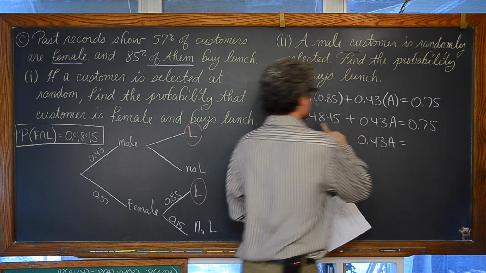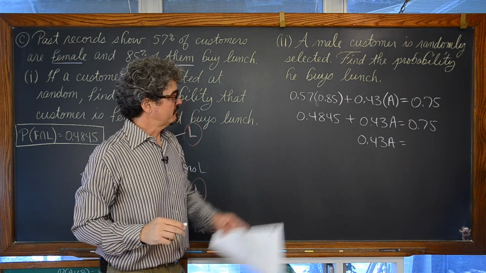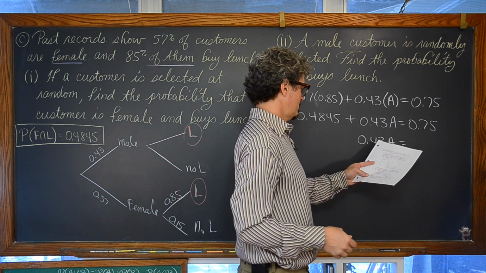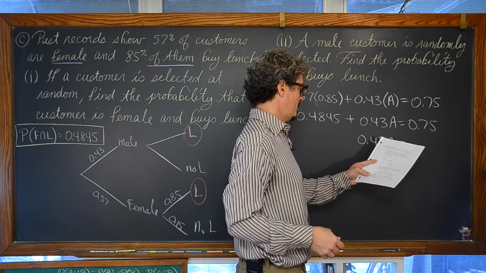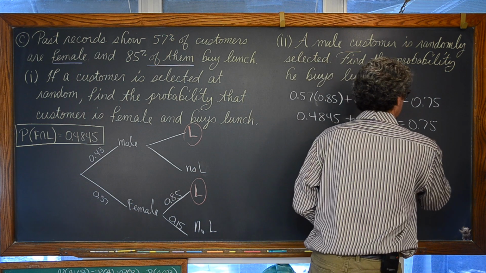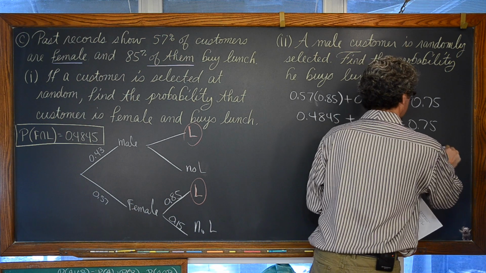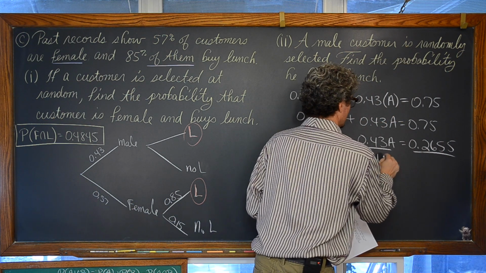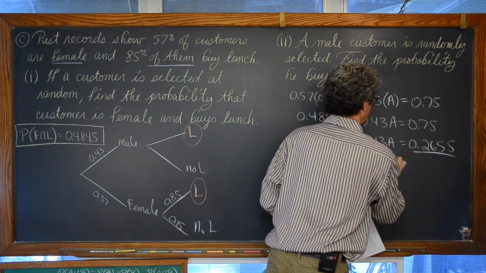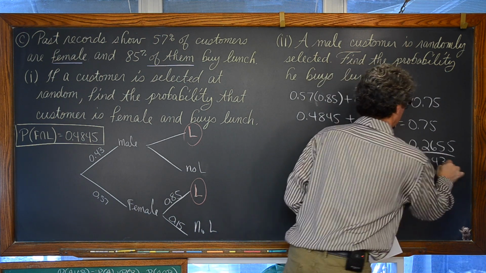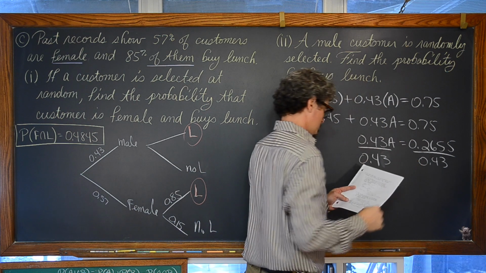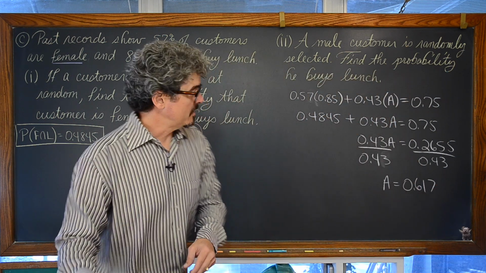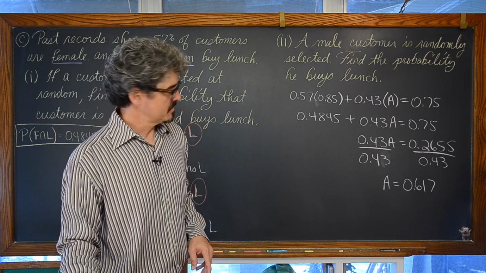Subtracting 0.4845 from both sides gives us that 0.43A is equal to 0.2655. Dividing both sides of this equation by 0.43 yields an A value of 0.617.